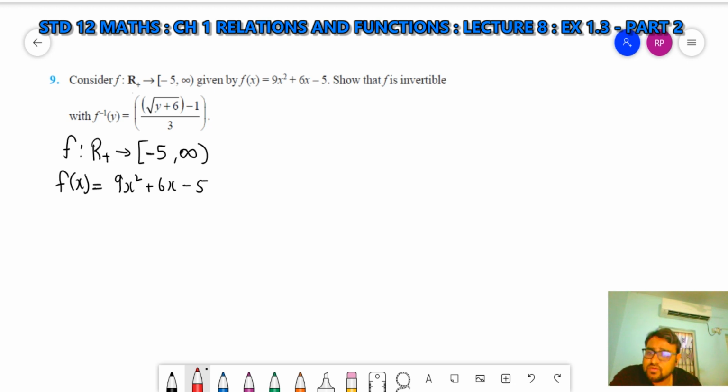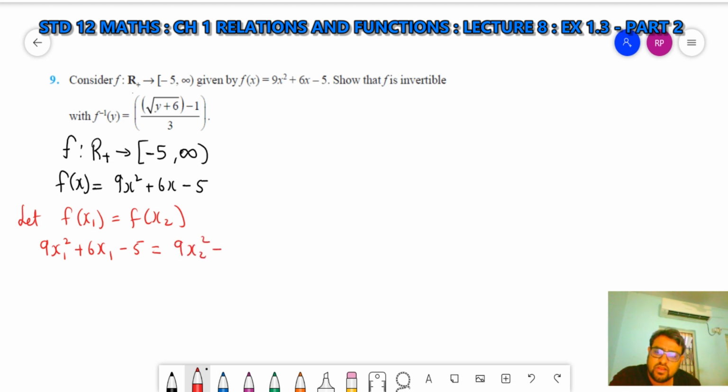Now let f(x1) be equal to f(x2). Then 9x1² + 6x1 - 5 = 9x2² + 6x2 - 5. The minus 5 gets cancelled.